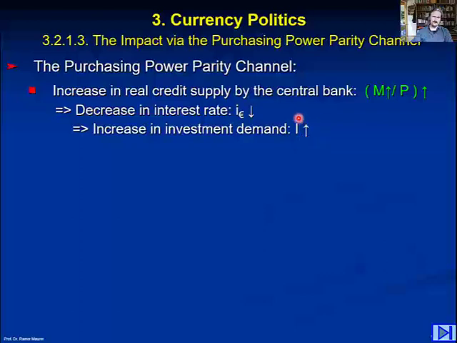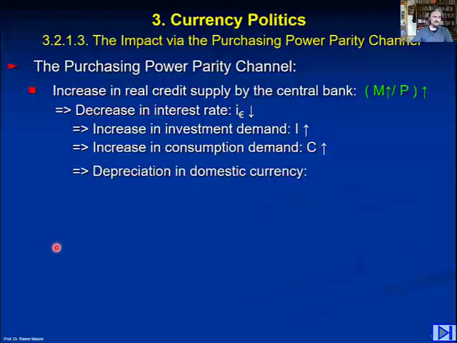As we've just discussed, there's a negative relationship between the investment credit demand and the interest rate. Additionally, we will also have an increase in domestic consumption demand, as just discussed, because consumption demand also depends negatively on the interest rate.